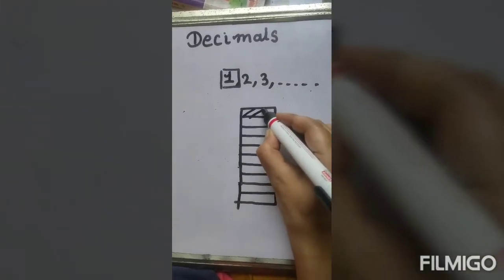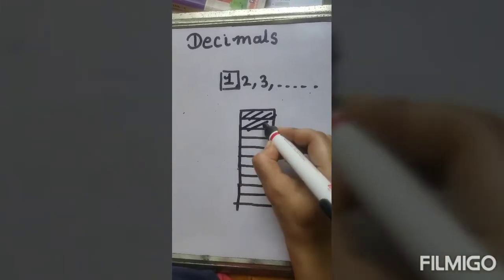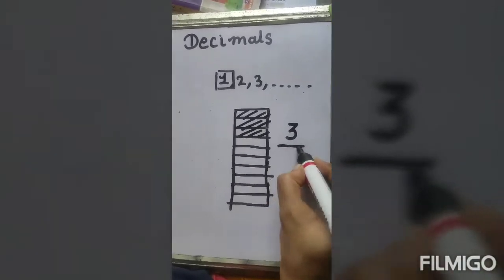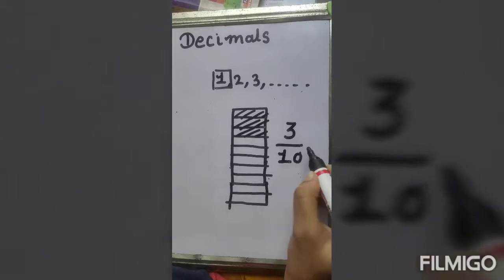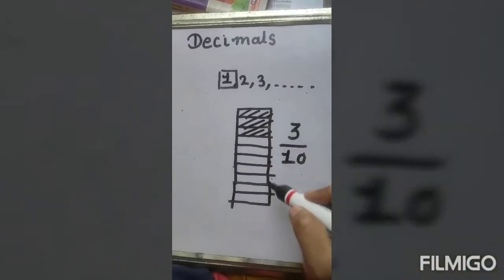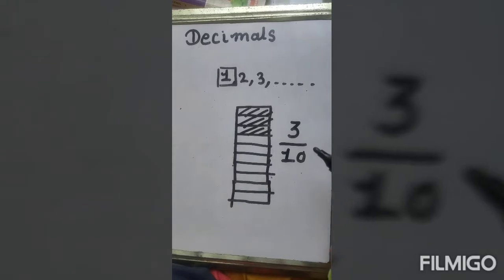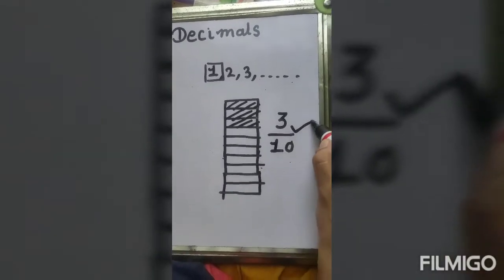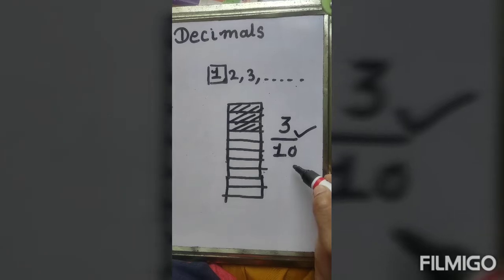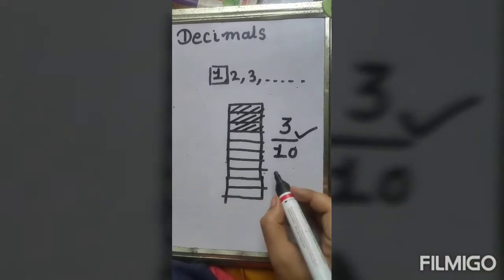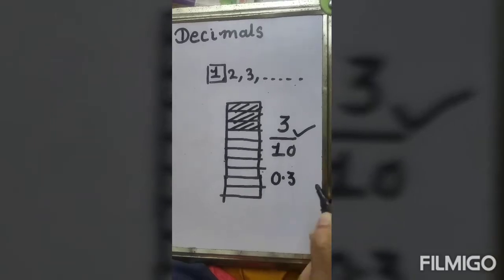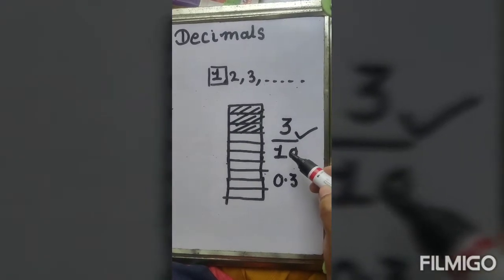If I take 1, 2, 3 parts out of 10 parts, then these 3 parts are less than 1 whole value. So, this is a value which is less than 1, and we can represent it in the form of decimals also, like 0.3. This is 3 parts out of 10 parts.